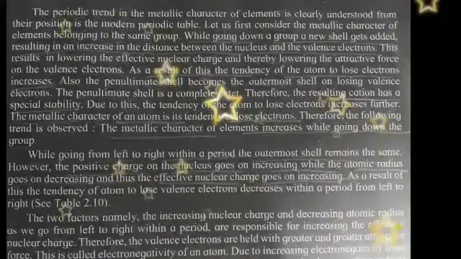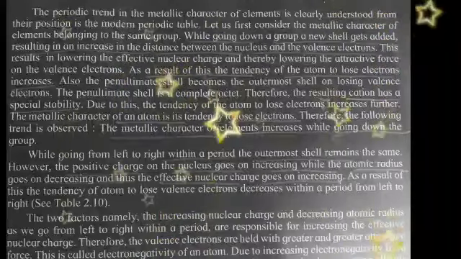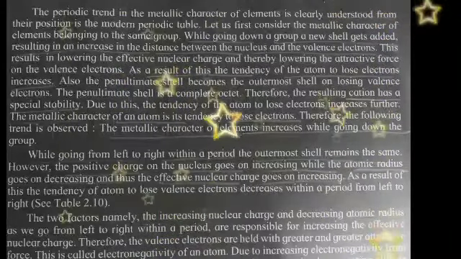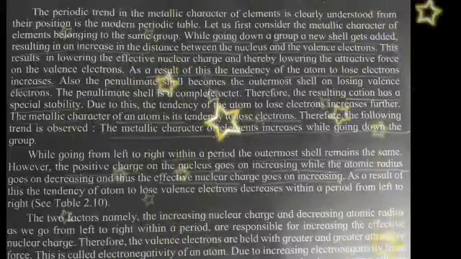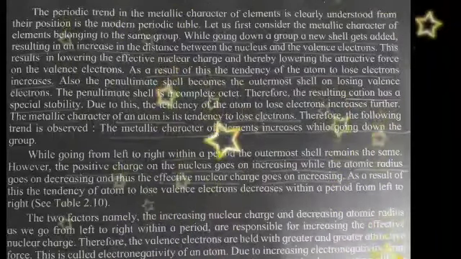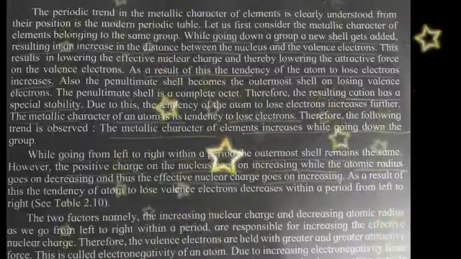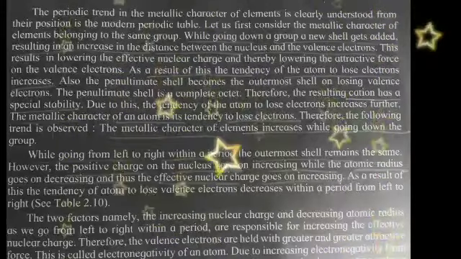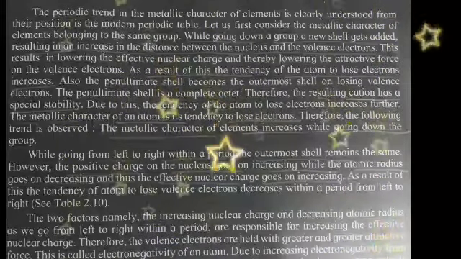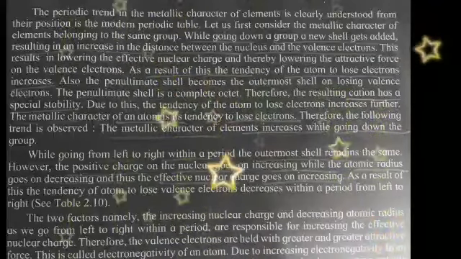While going from left to right within a period, the outermost shell remains the same. However, the positive charge on the nucleus goes on increasing while the atomic radius goes on decreasing, and thus the effective nuclear charge goes on increasing. As a result, the tendency of an atom to lose valence electrons decreases within a period from left to right.